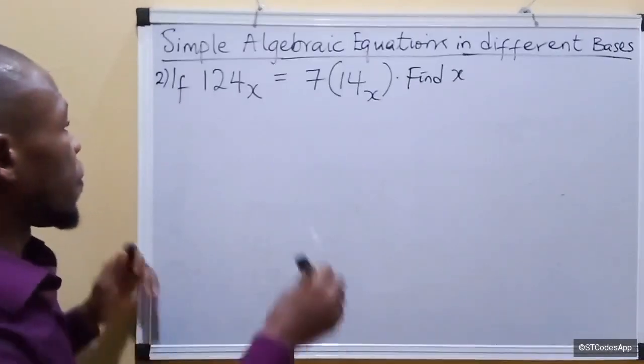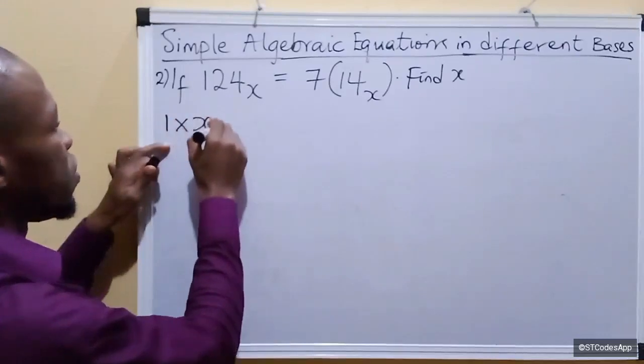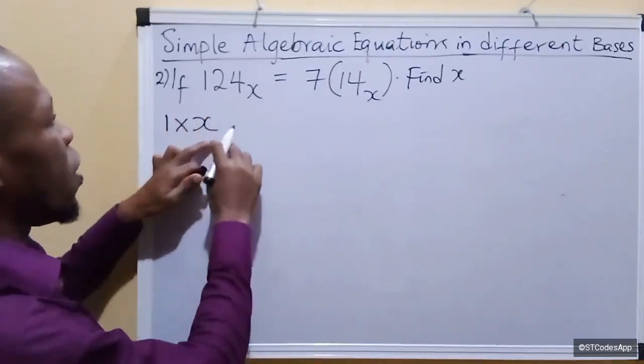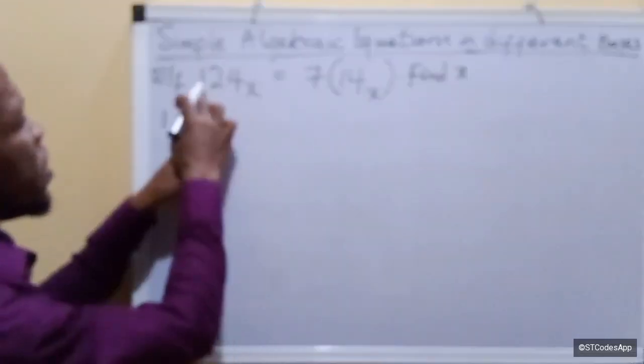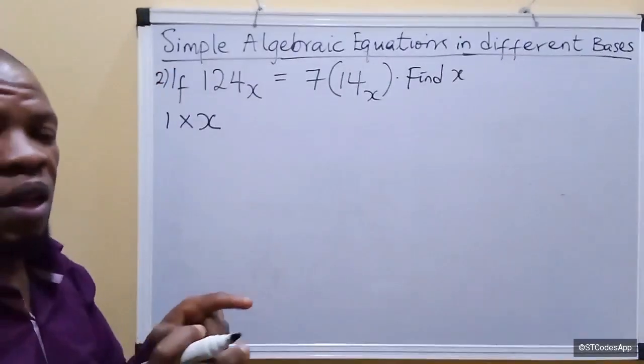So let's do that. We're going to have 1 times the base x raised to power. Now since we have 3 digits here, 1, 2, 3, we're going to subtract 1 and that will give us 2.